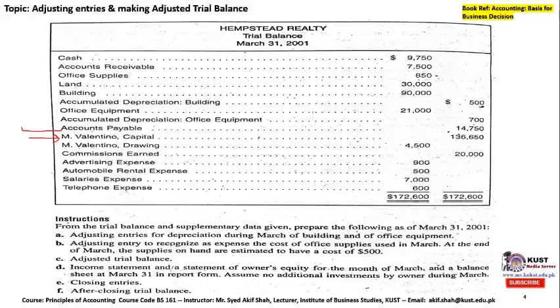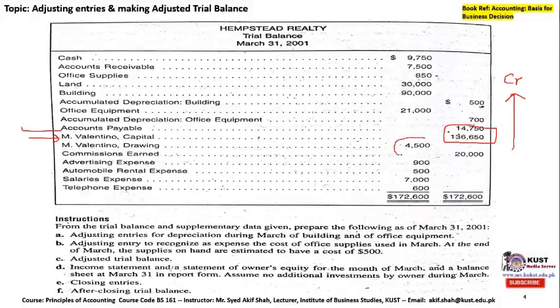As we know, accounts payable and capital's balance is normally a credit balance, because according to the diamond rule, when there is an increase in the capital or liability of the company, it is recorded as a credit balance. And similarly, when there is a decrease in the same capital and liabilities, it will be recorded as a debit entry.